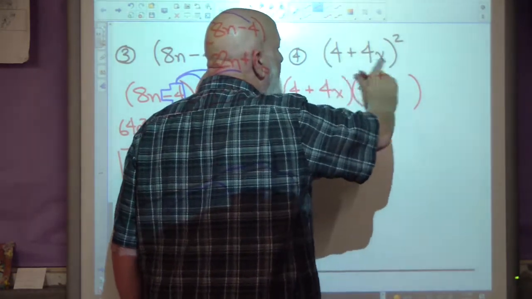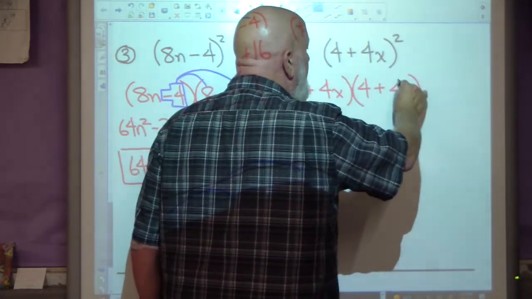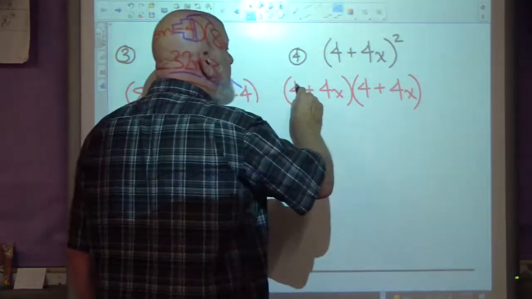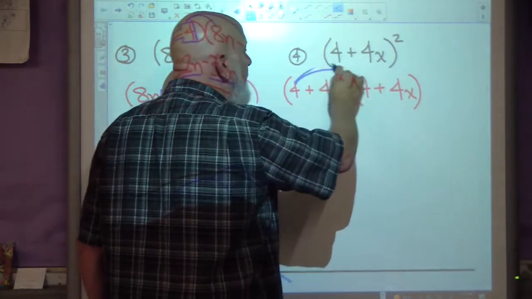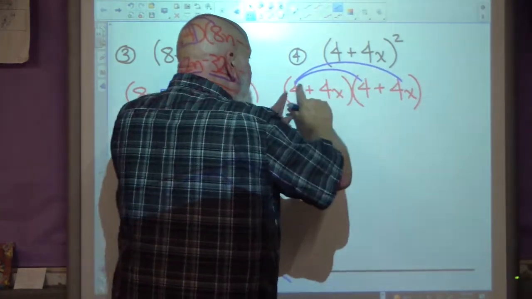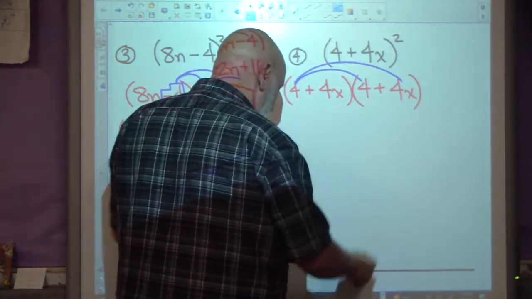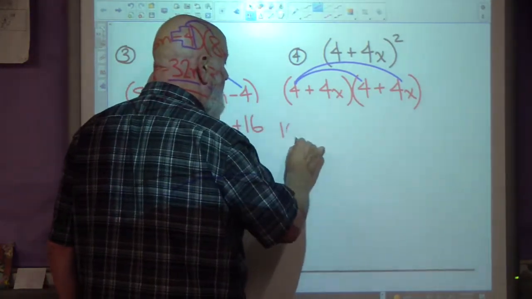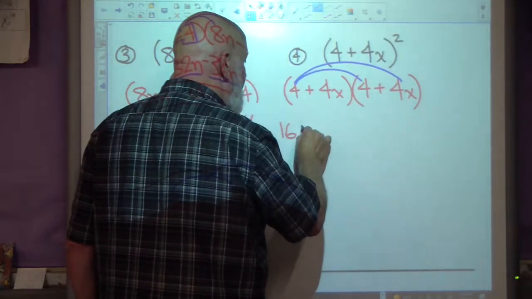This means we're going to multiply this by itself. Here we go. Try not to make any mistakes. Going to distribute this one. FO first in each set of parentheses, outside. And that will give me 16 plus 16x.